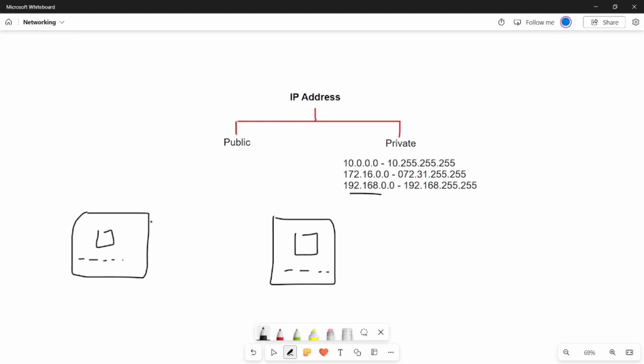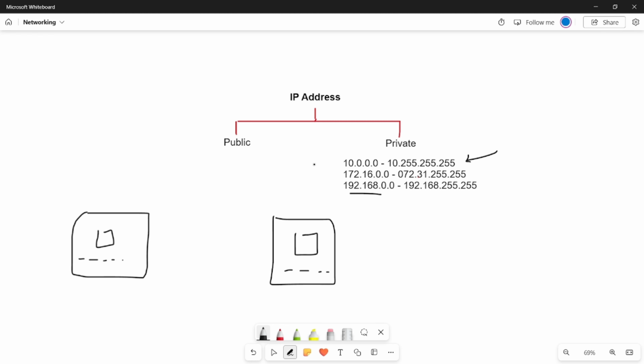When we consider the private IP range, basically they introduced three types of private IP addresses for our main classes we use in networking. For class A IP addresses, they introduced the IP range 10.0.0.0 to 10.255.255.255.